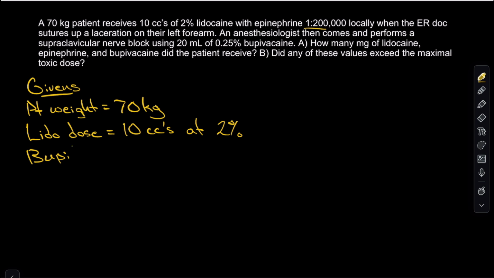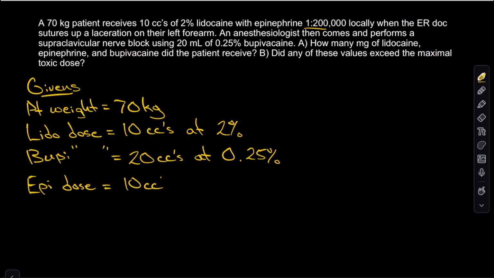Bupivacaine dose equals 20 cc's at 0.25%. And then our epi dose equals 10 cc's at a dose of 1 per 200,000.